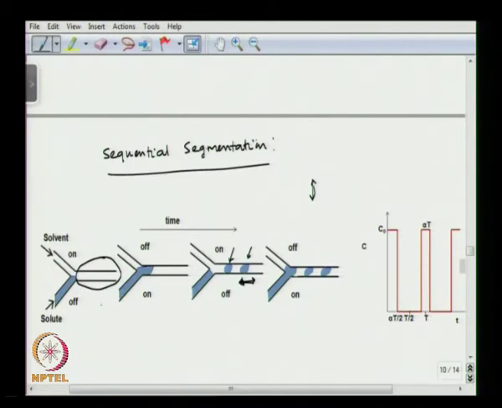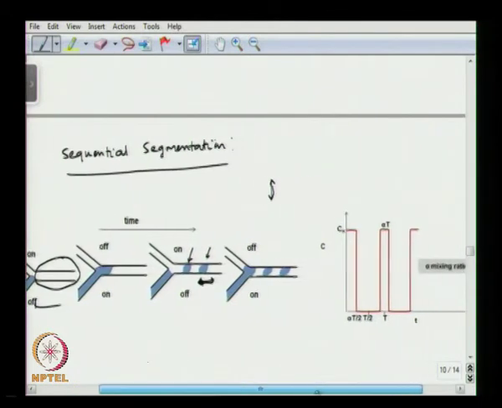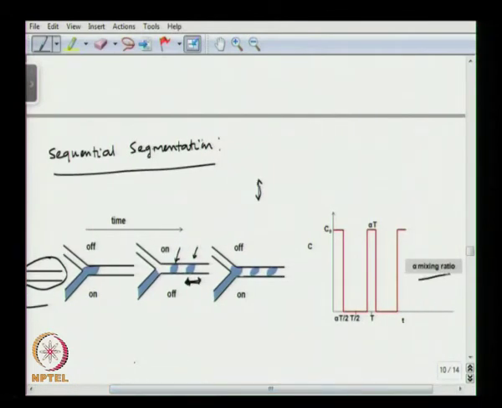Now this control of the solute and solvent can be done by controlling the mixing ratio. Alpha is the mixing ratio, which is the ratio between the solute and solvent, and that can be done by controlling the valve mechanism. Let us say the time period of the valve is T. For alpha T times the solute is switched on, and for T minus alpha T divided by 2 the solvent is turned on.